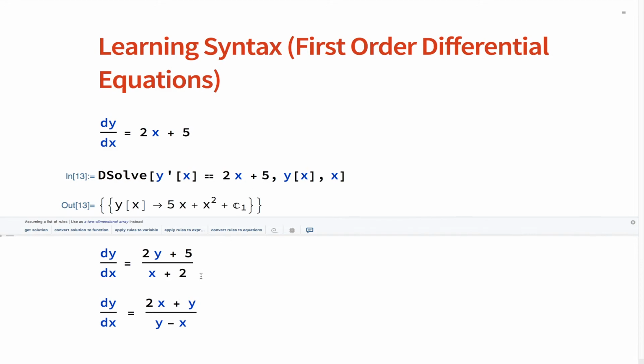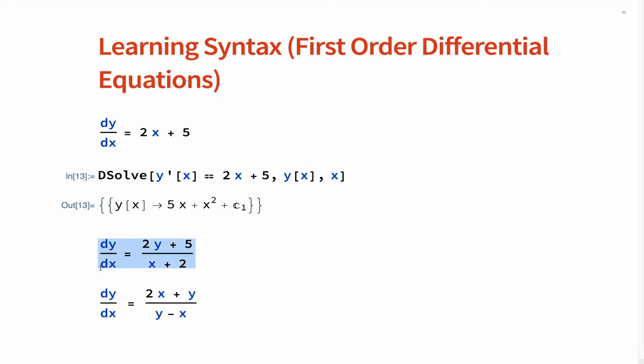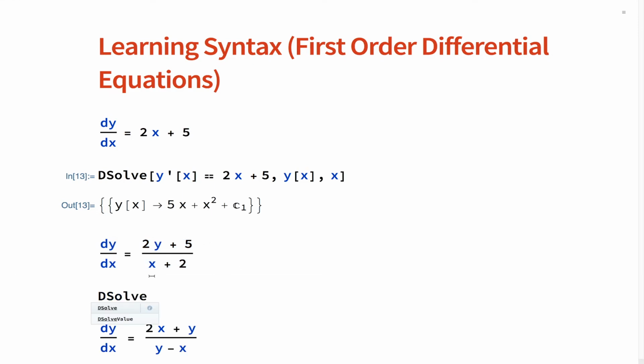Let's take another example. For example, you have to solve this type of equation, a variable separable type. How can you do that? We know DSolve is the function, square brackets. This translates into y prime of x, and for equals, we put a double equal sign.